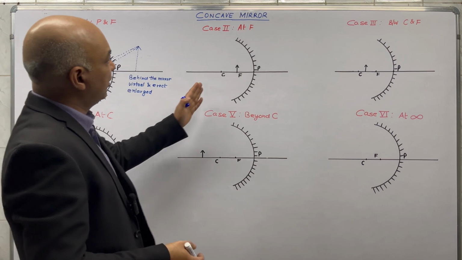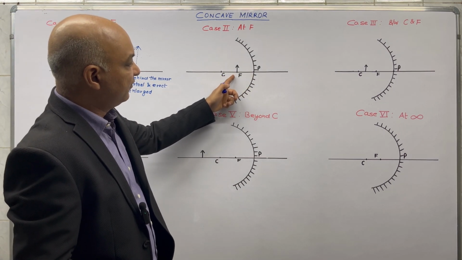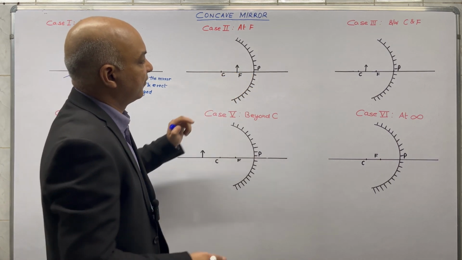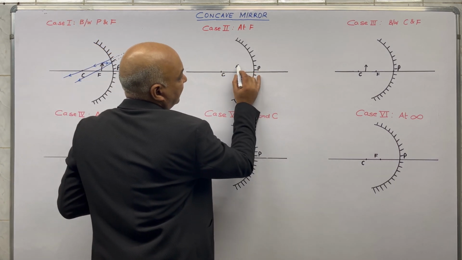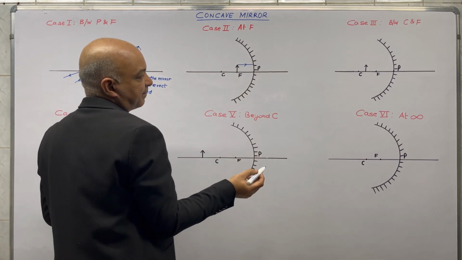Okay, moving on, the second case is, now I am going to move my object even farther from the mirror, that is at F. So first of all, as usual, I will take a ray parallel to the principal axis.